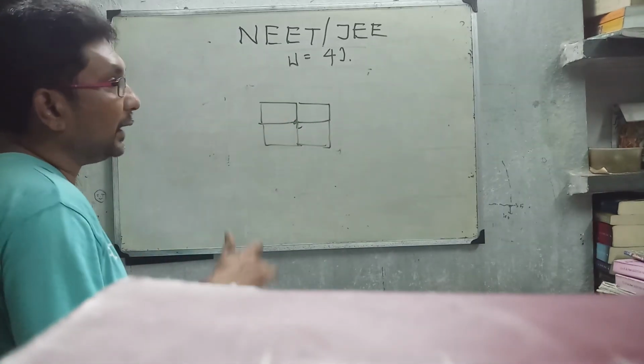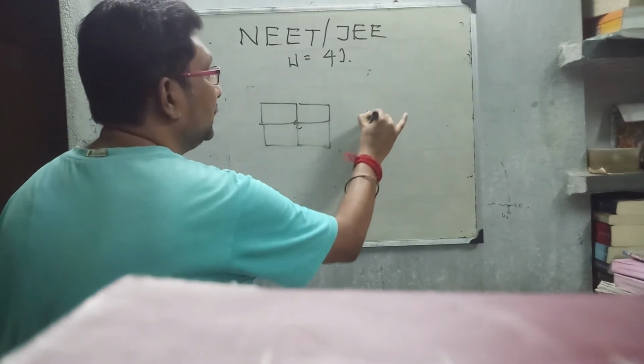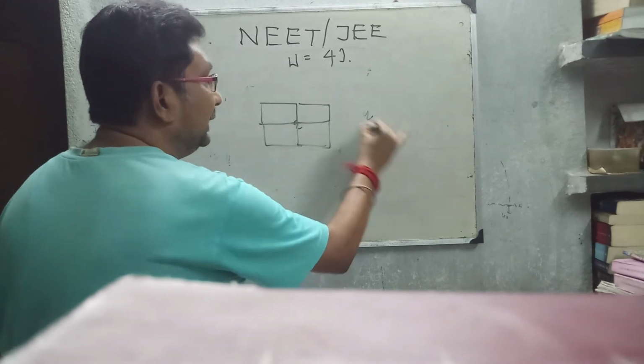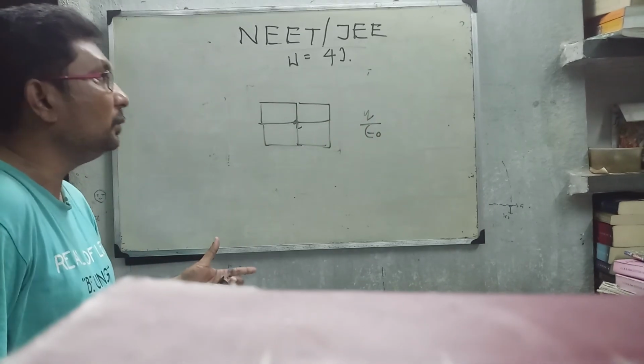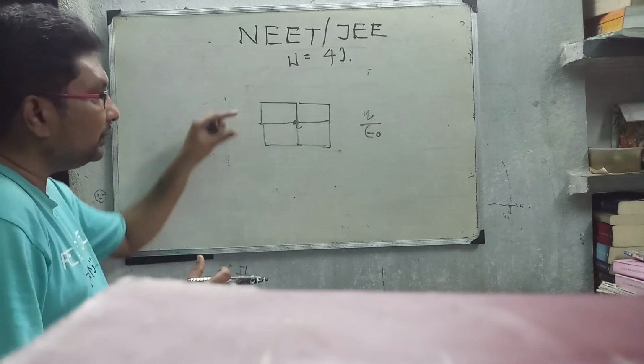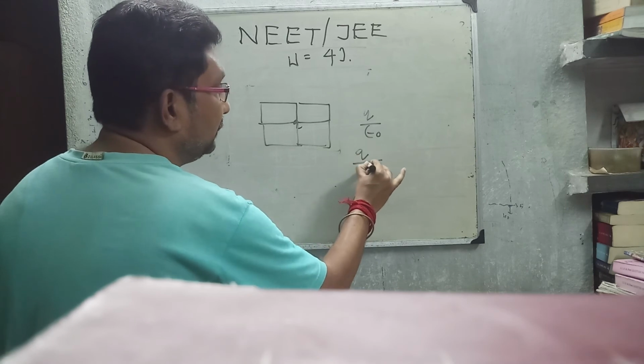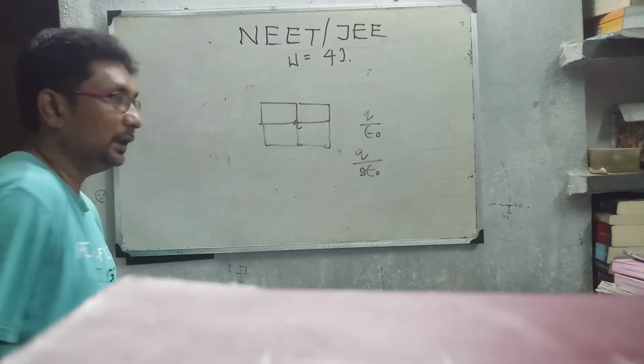That is, total flux coming out from the big cube is q by epsilon 0, and it is the summation of 8 cubes. So the total flux diverging from each small cube will be q by 8 epsilon 0. Very interesting question.